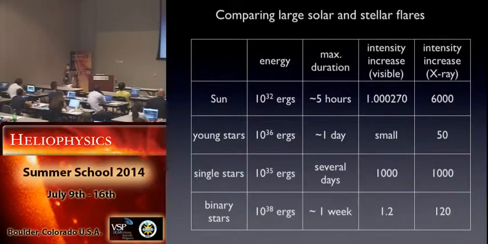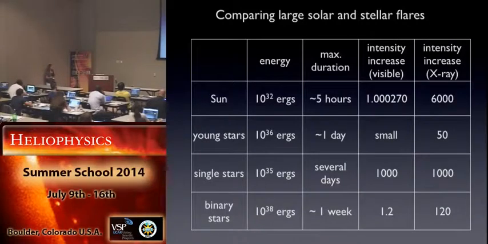I want to give you a flavor of the kinds of flares I'm going to be talking about. I'm going to use a couple of very simple ways to think about flares. There's the maximum duration, and then the intensity increase in two different wavelength regions, in the visible and in the X-ray. So on the sun, you've got large flares releasing about 10 to the 32 ergs, maximum duration 5 hours, a tiny increase in intensity in the visible, and factors of a few thousand for the largest X-ray flares compared to the underlying quiescent emission.